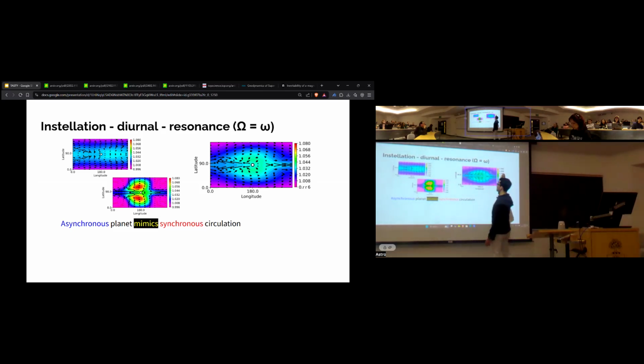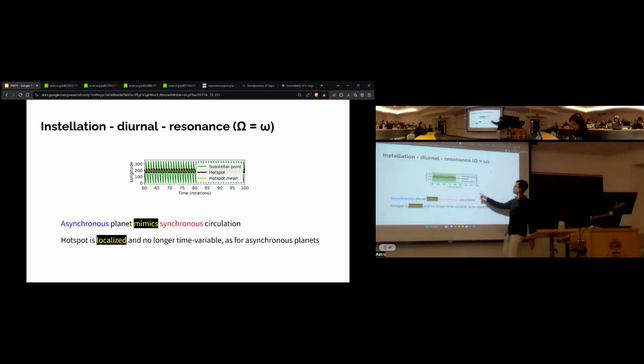So if you apply this particular resonance scenario where capital omega is equal to small omega, which means the insolation radiation frequency is the same as the rotation frequency or diurnal period of the planet, you can move from this circulation to somewhat more like this over here, where your hotspot is now fixed to a particular latitude. So your substellar point is still going around the planet, but the hotspot is now localized.